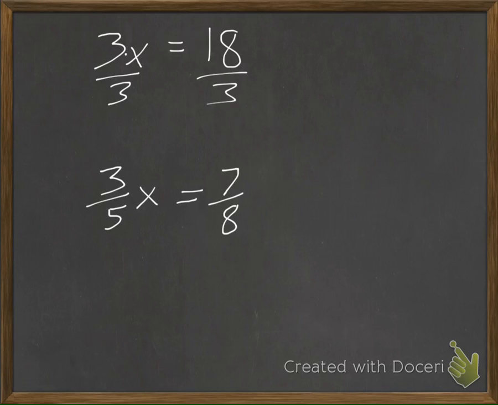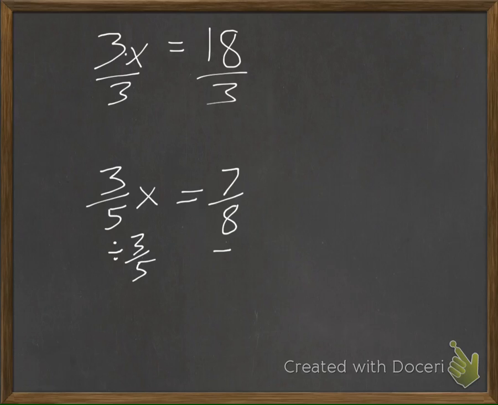All right. So if this top one is a multiplication problem and we solve it by division, then if this bottom one is a multiplication problem, 3/5 times x, then we also solve it by division. But this time I'm multiplying by a fraction, which means all I need to do is divide by a fraction.